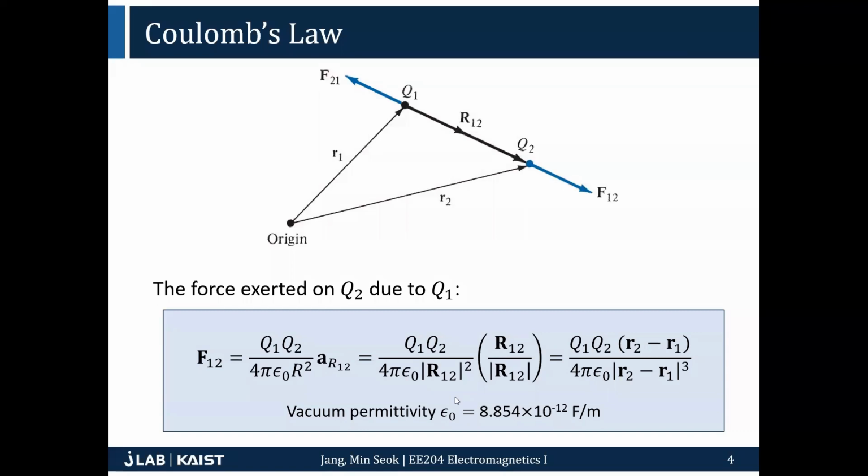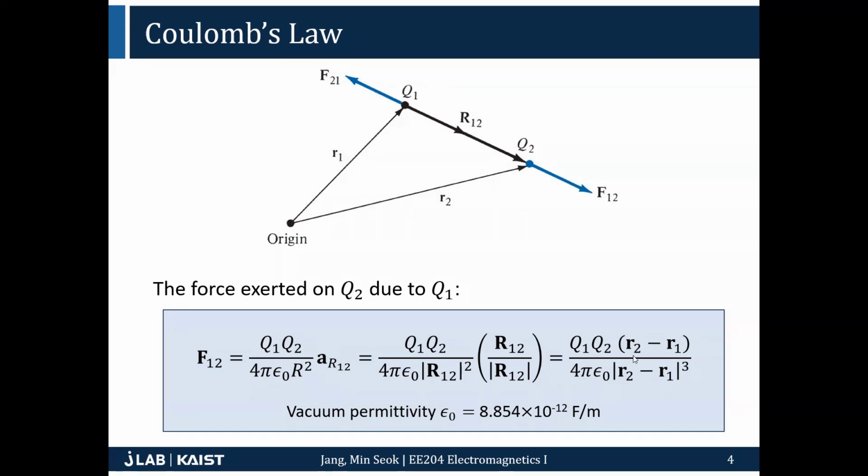Okay, and then you can write it in this form: R12 divided by the absolute value of R12 is equal to the unit vector, and R12 squared is just equal to R squared. Or in other words, you can just replace R12 with R2 minus R1.